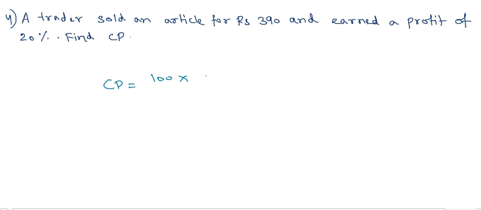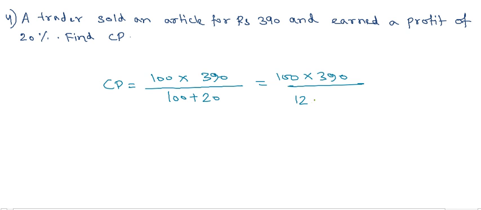SP is 390, and the seller has made a profit of 20%, so 100 plus 20, that is 100 multiplied by 390 into 12.